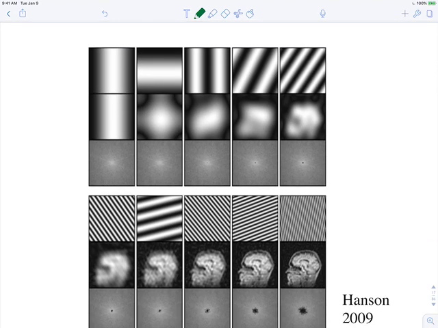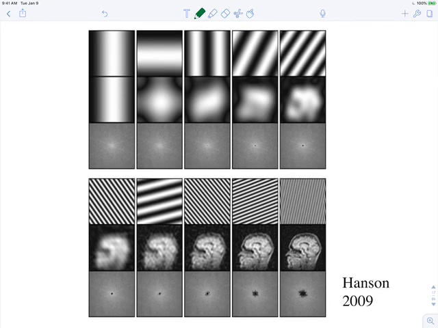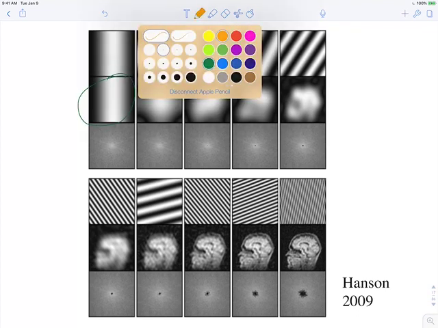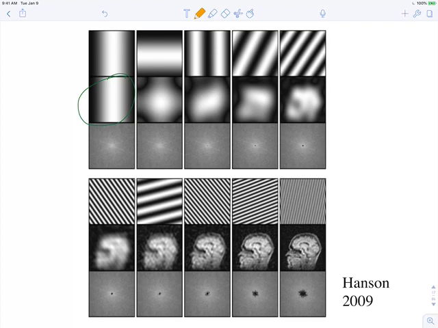So this is a slide showing how you might start creating an image from these Fourier components. It's sort of like 3D printing: you add on each component and create your image. You first start off with a component that looks like this, which is very low frequency, and this is your image.